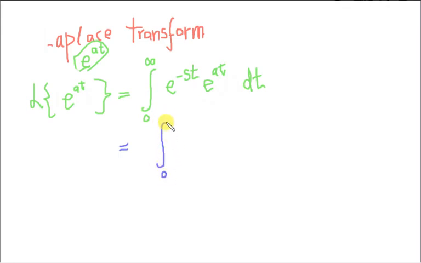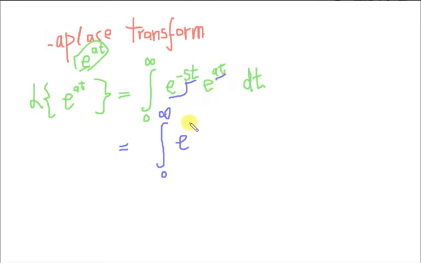0 to infinity. So we shall take the base e common, and we know that when two functions with the same base are multiplied with each other, their exponents add together. The exponent of e power minus st is minus st, and at is the exponent of the other function.